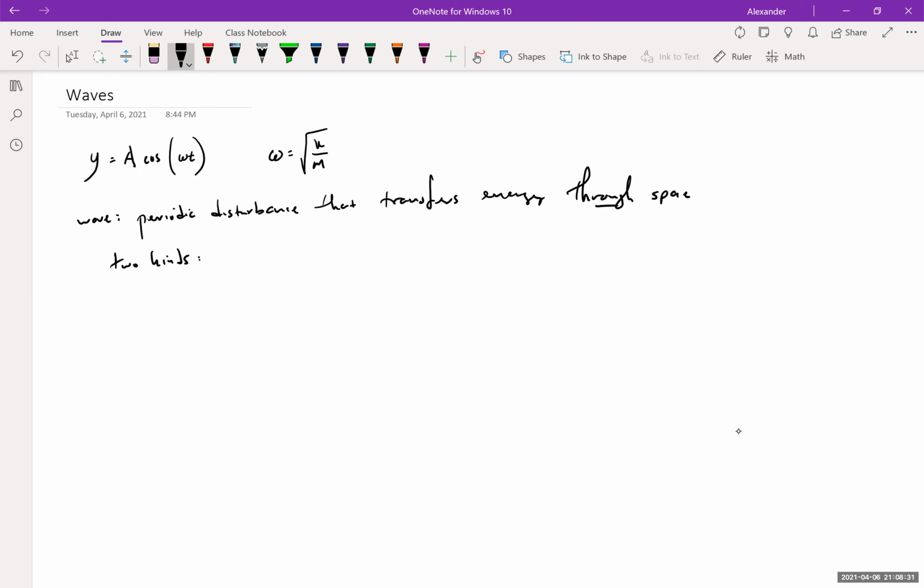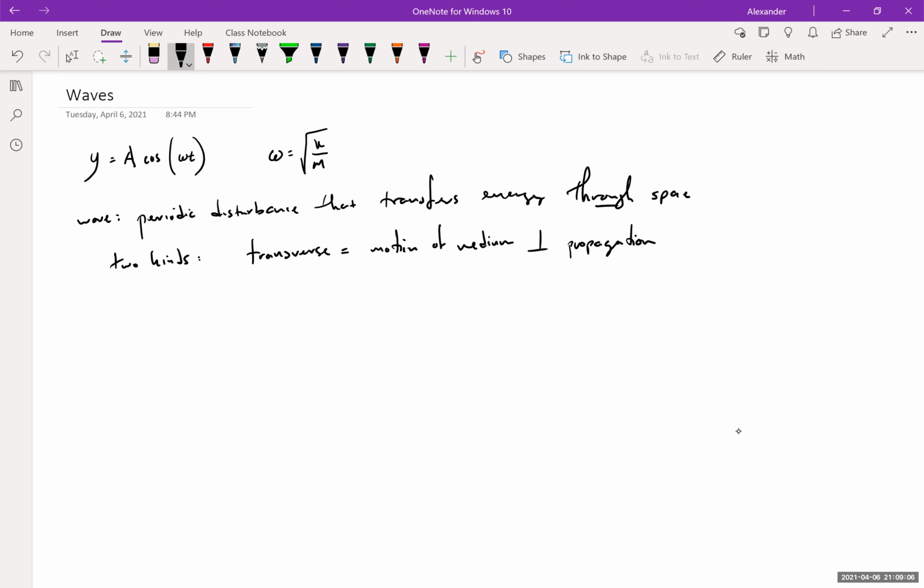The kind in the picture is transverse. We propagate away from that oscillating mass on the spring horizontally, but the individual pieces of the string are moving vertically, parallel with the vertically moving oscillating mass.